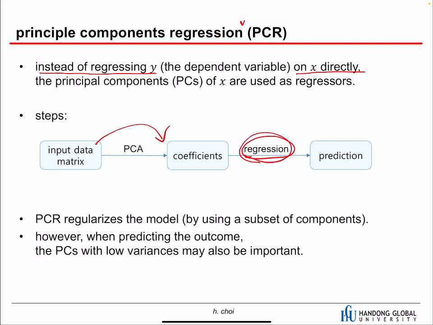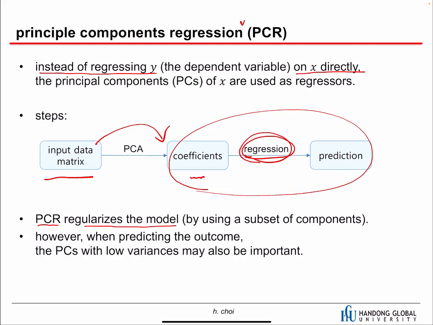Because this regression would be simpler than before, because this one has lots of features and this one has a small number of features. Okay, this one is more stable and better. So PCR regularizes the model by using a subset of components. Okay, however, when predicting the outcome, the PCs with low variances may also be important.